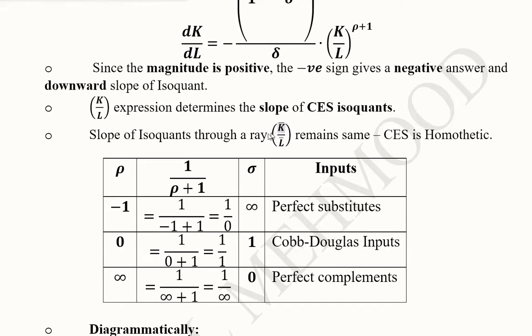When we do this, it is going to retain the slope of the isoquants at all the points of intersection, and when this happens, we say that the given function is homothetic, and here the CES production function is being discussed. So it means that the CES production function is homothetic.